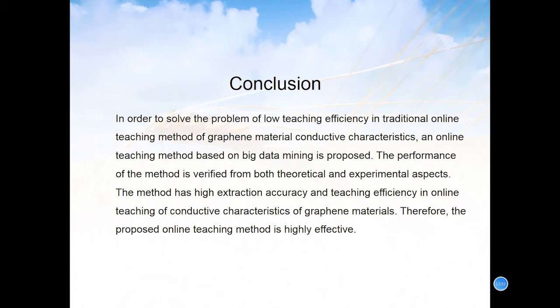The performance of the method is verified from both theoretical and experimental aspects. The method has higher extraction accuracy and teaching efficiency for online teaching of conductive characteristics of graphene materials.